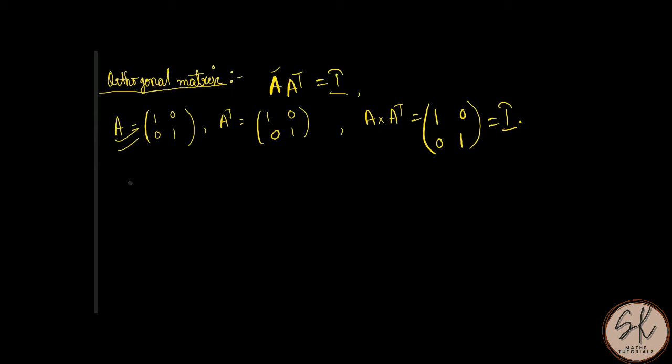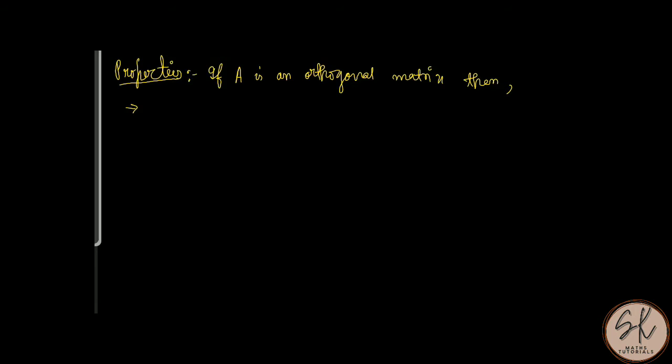Okay, so there are some properties of orthogonal matrix. Let us see those properties. If A is an orthogonal matrix, then A is non-singular, and A inverse is equal to A transpose.